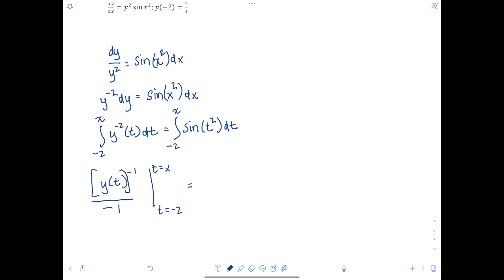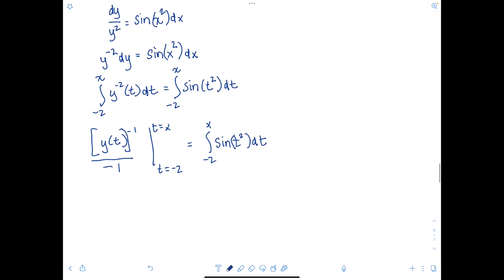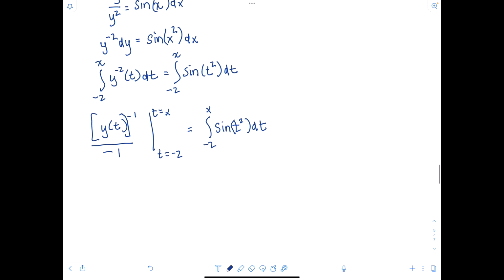And that's going to equal the integral from negative 2 to x of sine at t squared dt. So, working on this left-hand side, we'll have a negative 1 over y at x minus 1 over y at negative 2, which we already know.